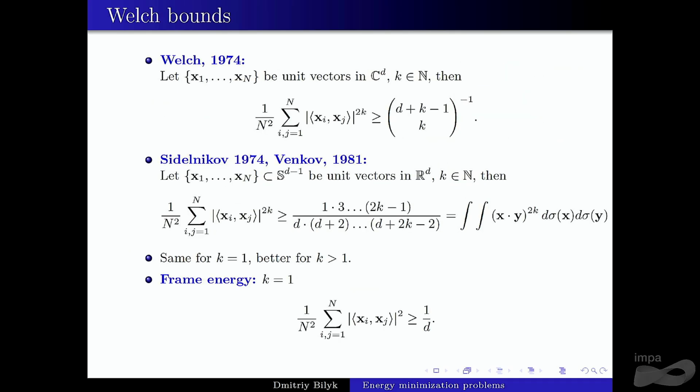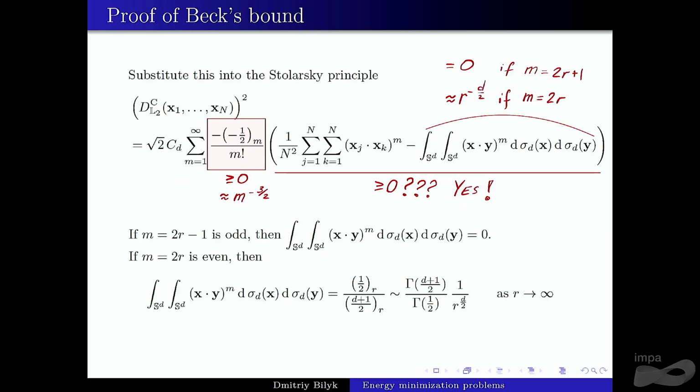Let me very briefly remind you. This is a copy from the previous lectures. This slide actually propagated into all 3 lectures. We discussed this: because this kernel is positive definite, the energy is minimized by the uniform measure. So the minimal value of the energy, the lower bound, is the integral with respect to sigma.